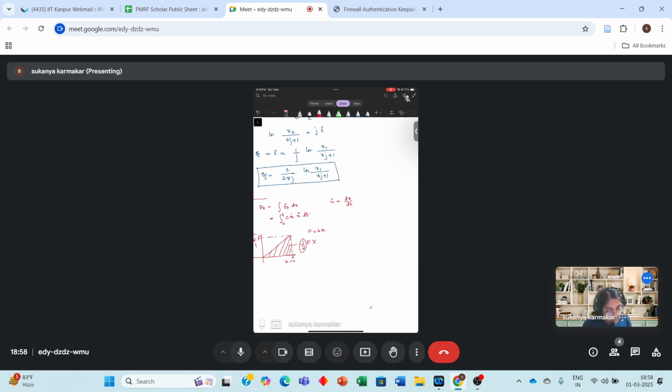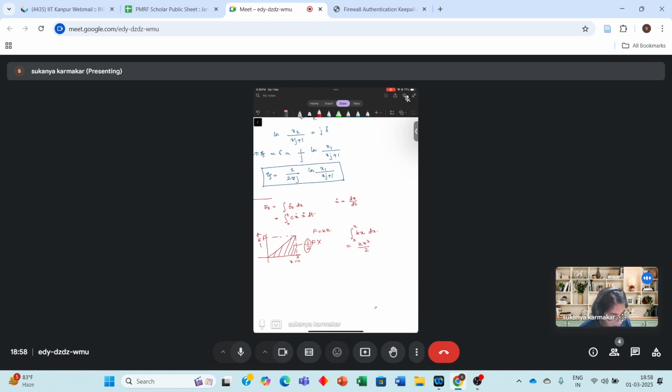Your force is k into x, and you integrate dx over 0 to X. So k x square by 2, with limits 0 to capital X, gives k X square by 2. Whether you think in terms of geometry or integration, your energy is the same. This is how that half comes into the picture because of integration. So is this clear?